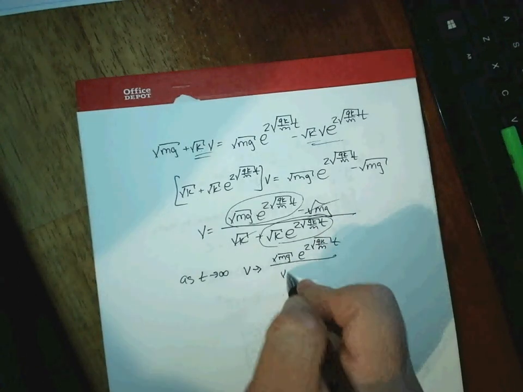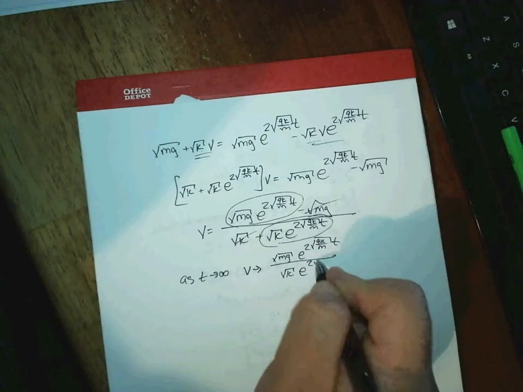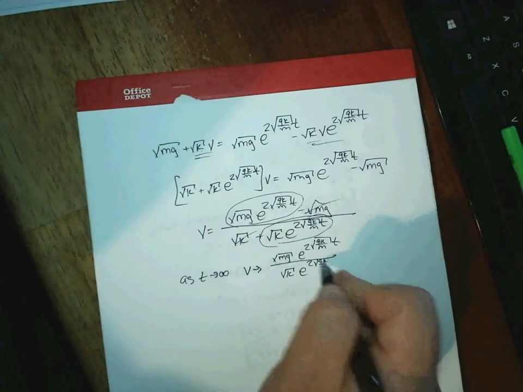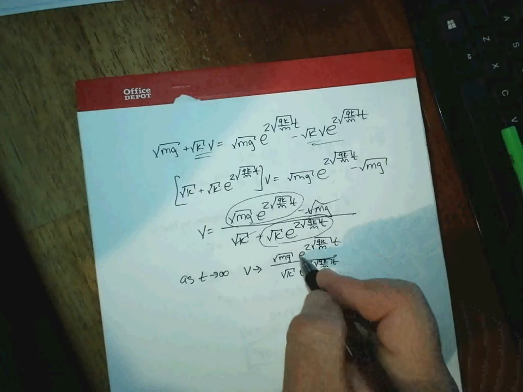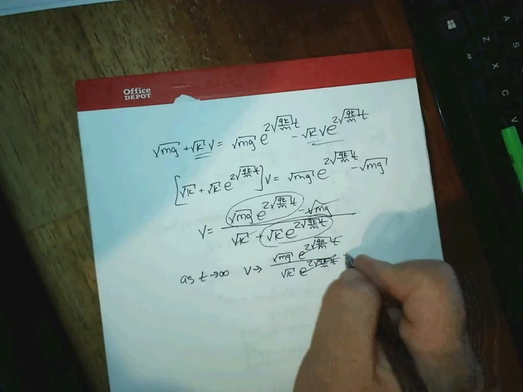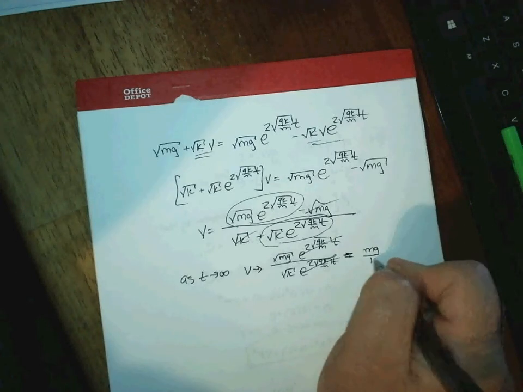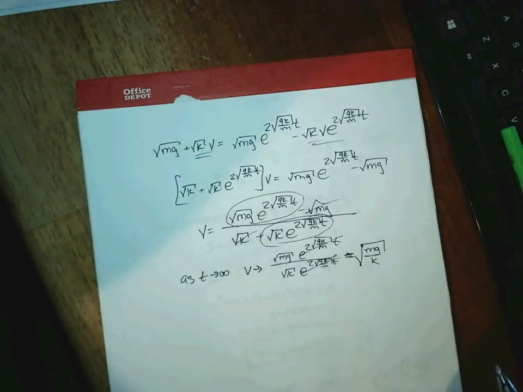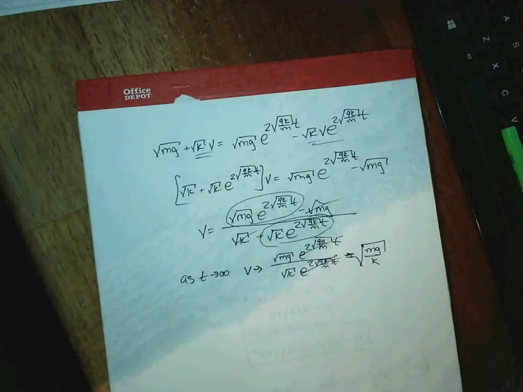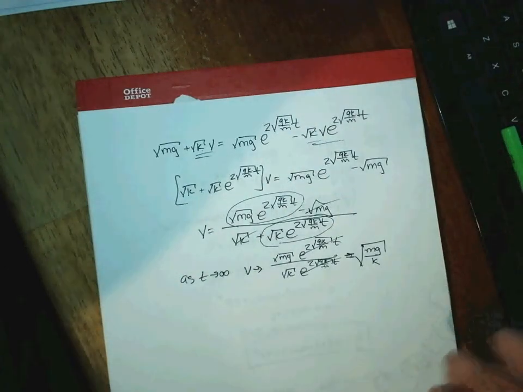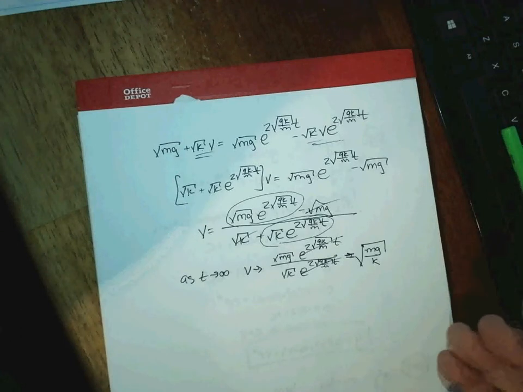Root mg e to the 2 root gk over m times t over root k e to the 2 root gk over m t. And guess what? These cancel. And there's your terminal velocity.